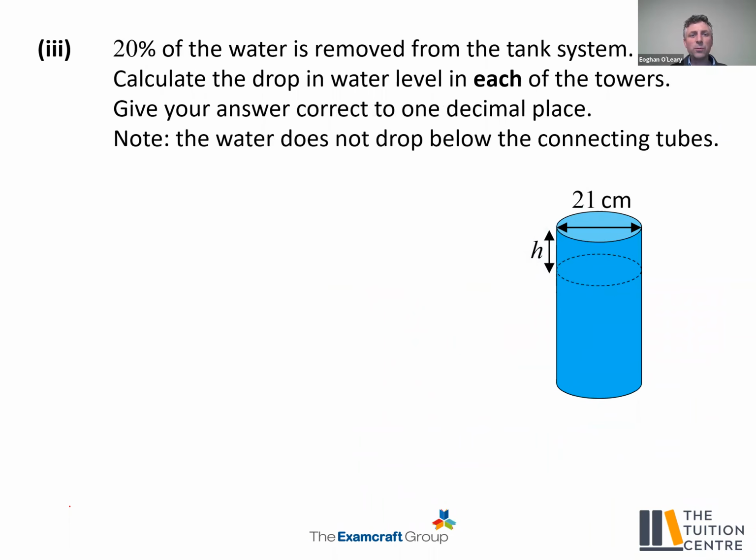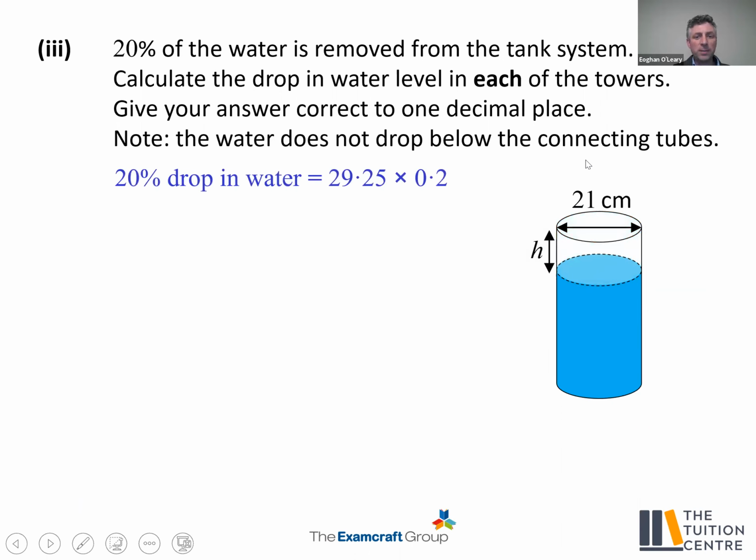20% of the water is removed from the tank system. Calculate the drop in water in each of the towers. Give your answer correct to 1 decimal place. Note the water does not drop below the connecting tubes. So there's going to be a fall from the full height, which was 42 centimeters.